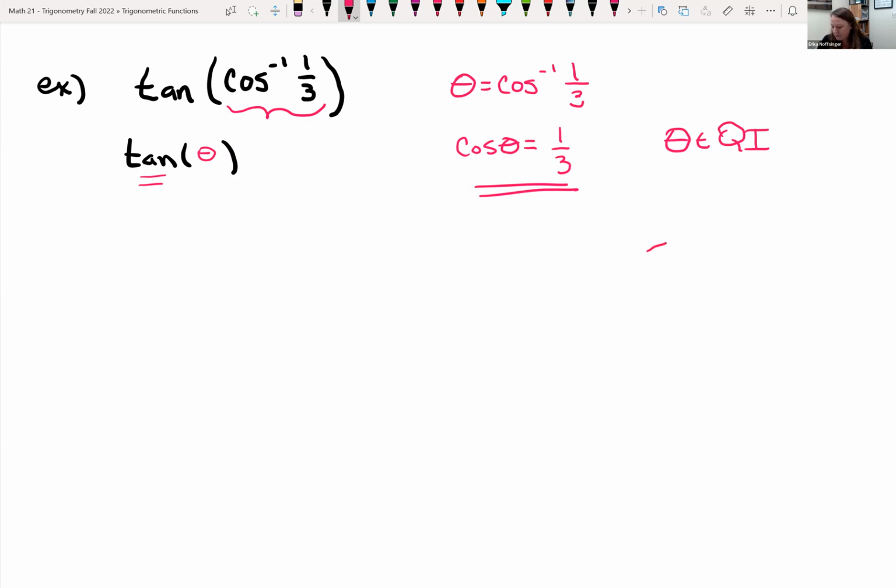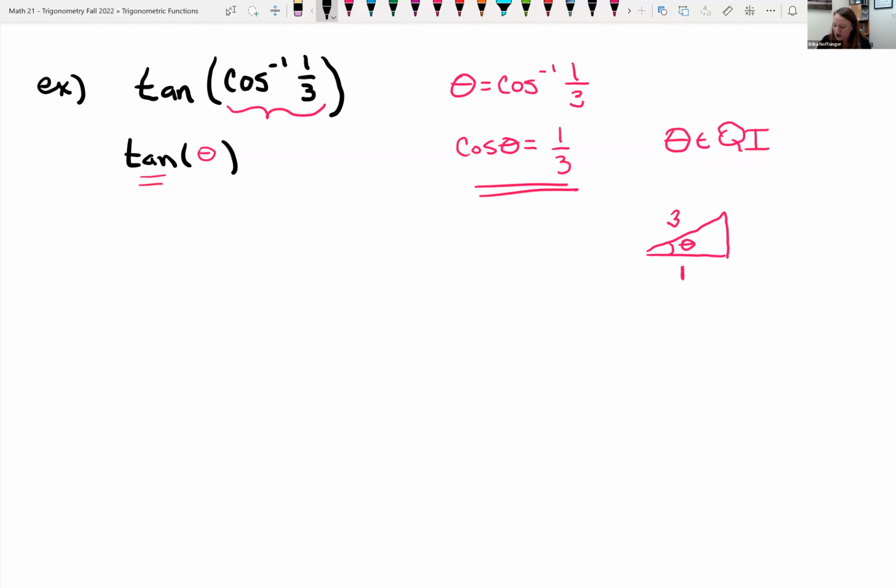And so if I write my triangle, recall cosine is adjacent over hypotenuse. So my adjacent side of theta is 1. My hypotenuse is 3. And so we're going to use the Pythagorean theorem to help us figure out what the opposite side of theta is.